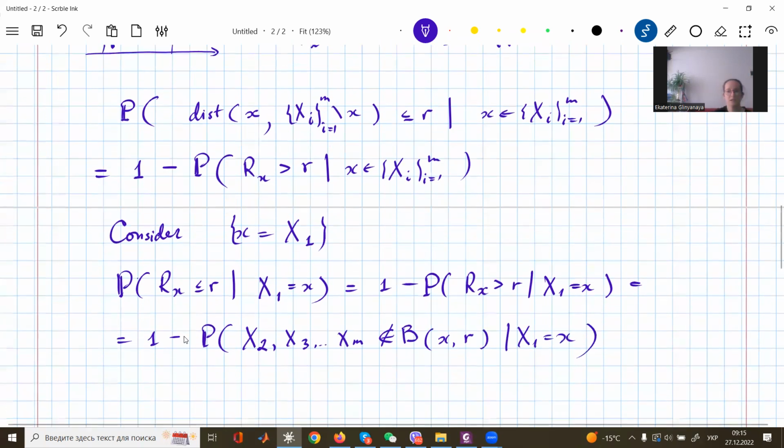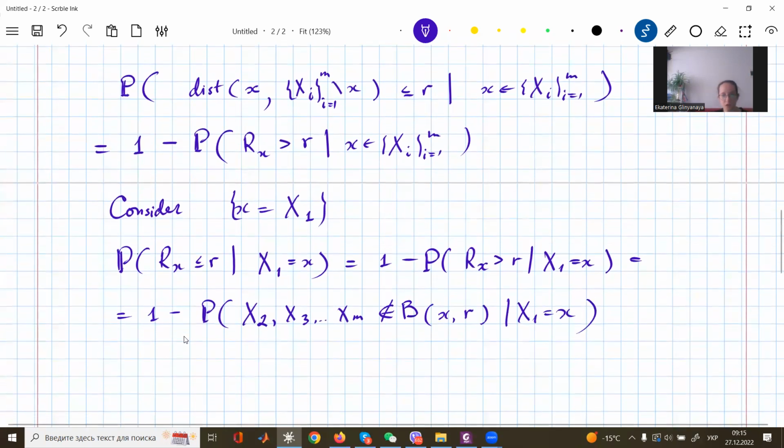Okay, and since these points are independent by our constructions, this is just an unconditional probability.